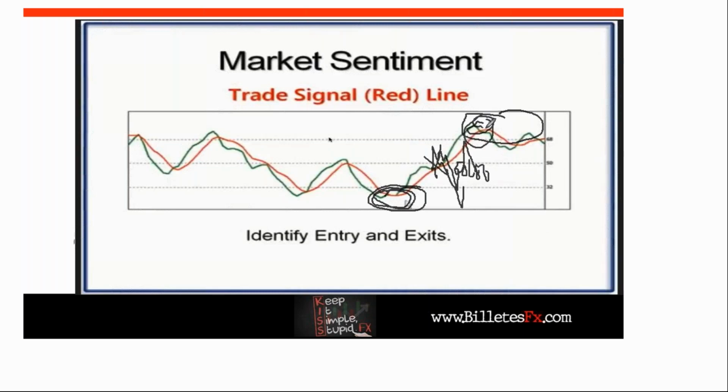But when it's up here, it should correct. The best trades again are up here at that 68, and for buys down here, 32. In the middle of the range, the trade could go either way.